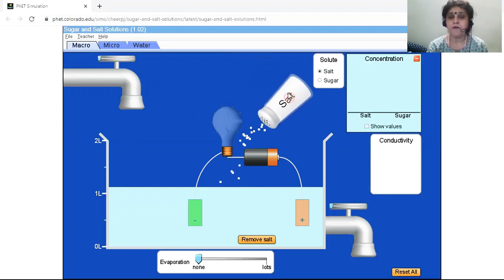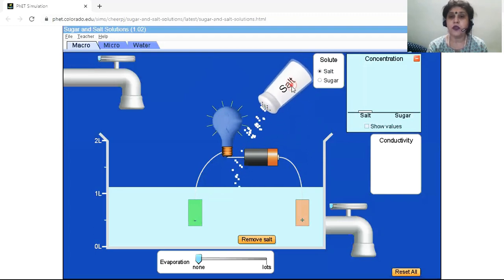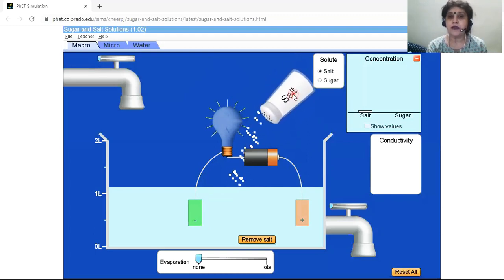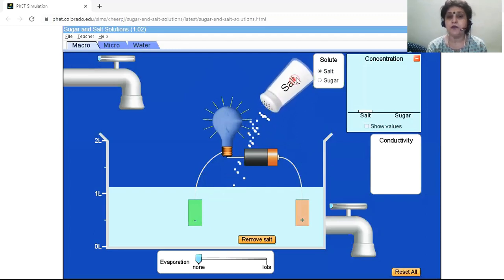Now what happens? The crystals of salt get dissolved in water, and see on your right hand side, the concentration of the salt increases, and as the concentration of the salt increases, the bulb starts glowing.